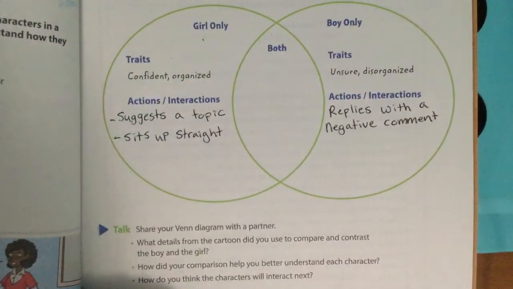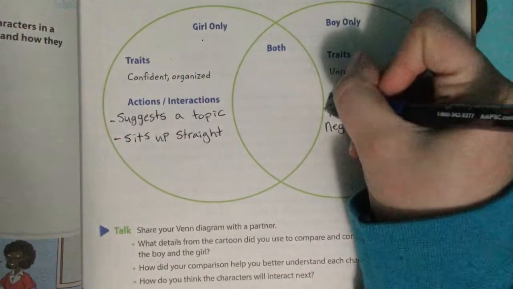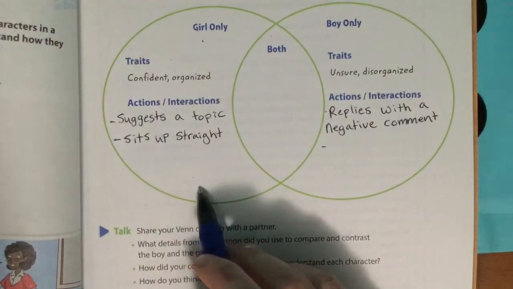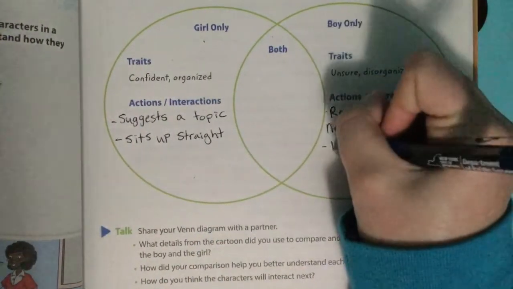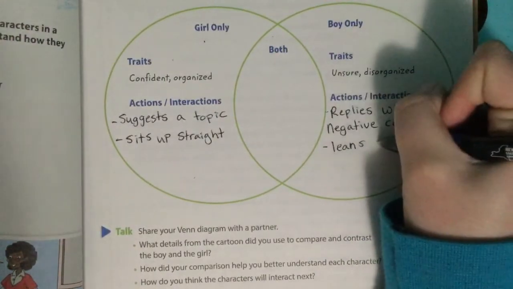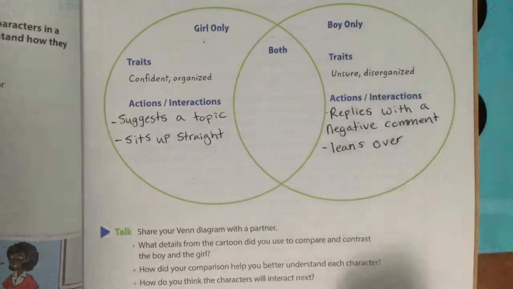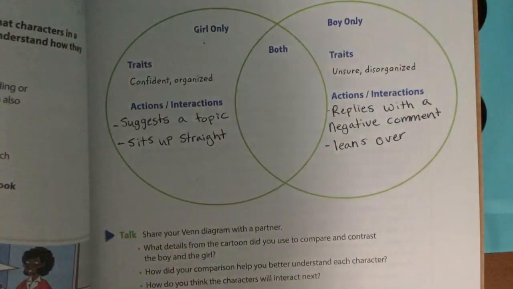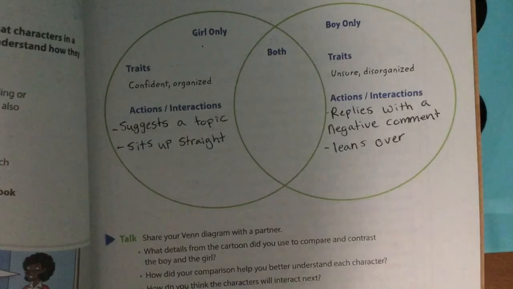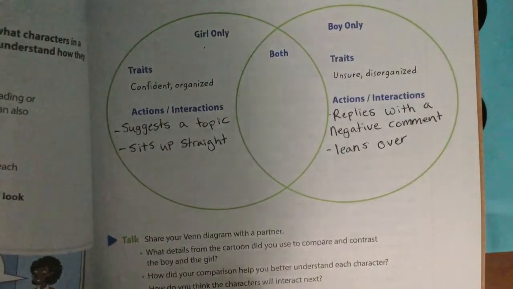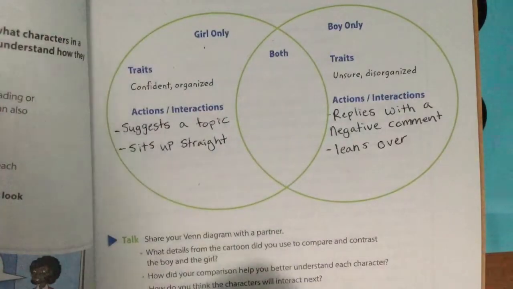All right, so the boy replies with a negative comment, and then we talked about his posture. He's not sitting up straight. He leans over in his chair. If we look at the expressions on their faces, on page 92, the boy's face is kind of unhappy, tired, and the girl's kind of like ready to go.